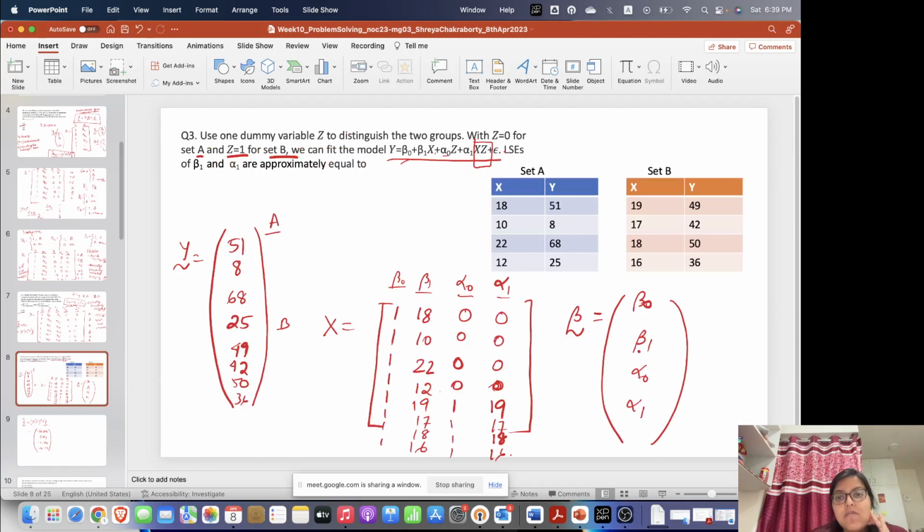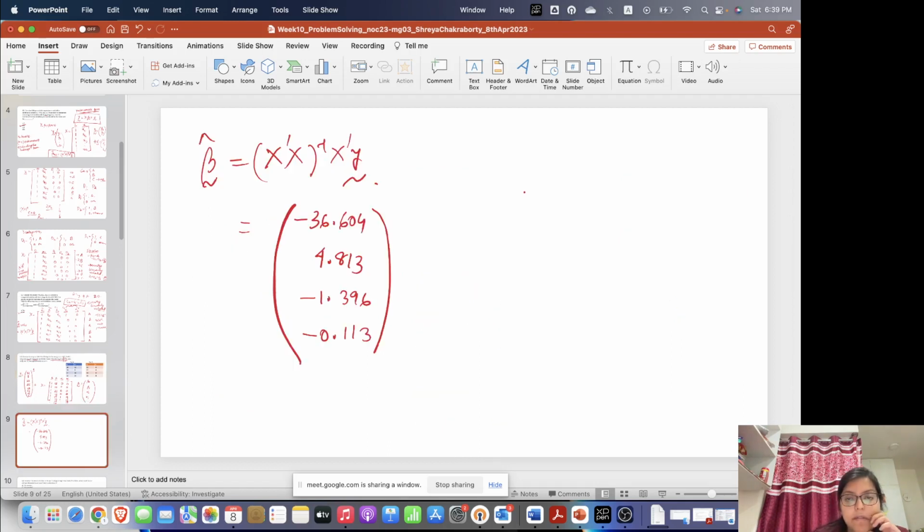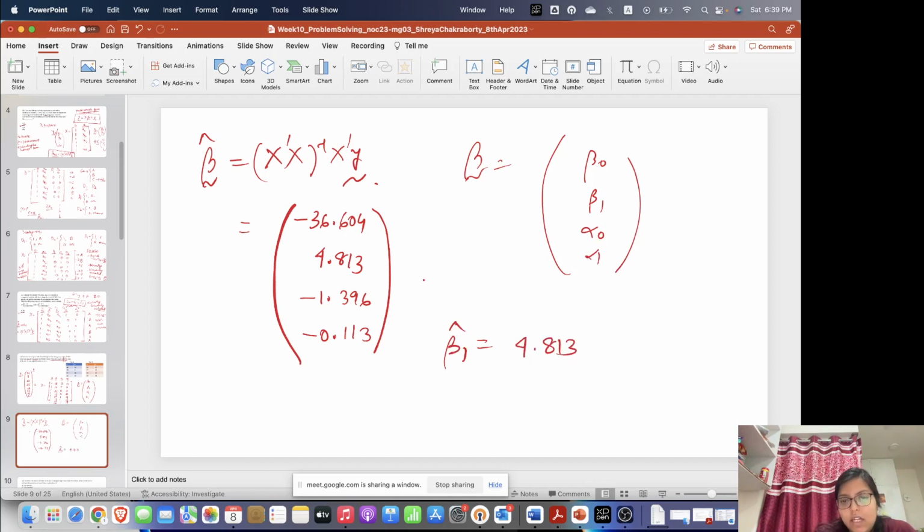Now we have been asked to find the least squares estimates of beta 1 and alpha 1. So if we compare, our beta was like this: beta naught, beta 1, alpha naught, alpha 1. So then beta 1 hat will be 4.813, and alpha 1 hat will be minus 0.113. Is it okay?